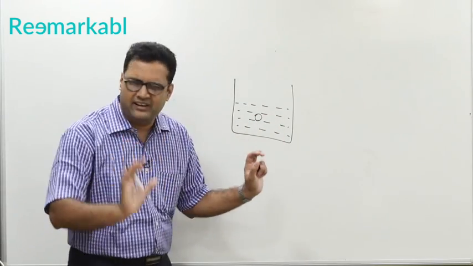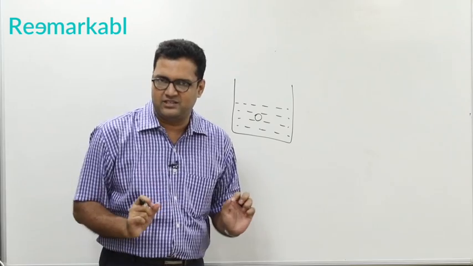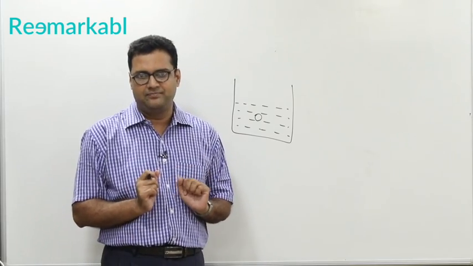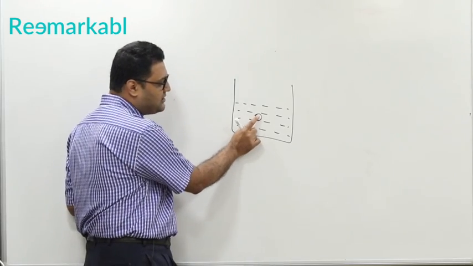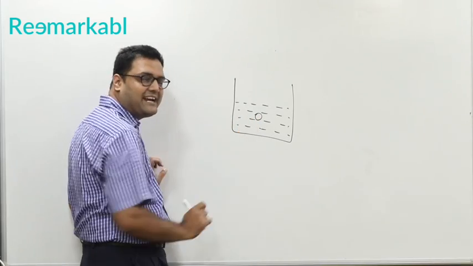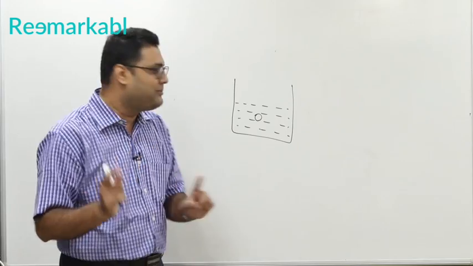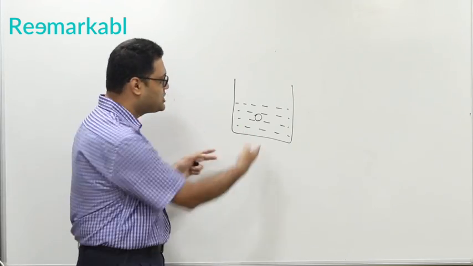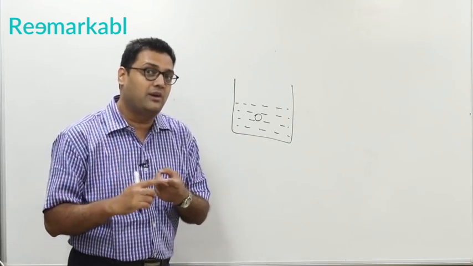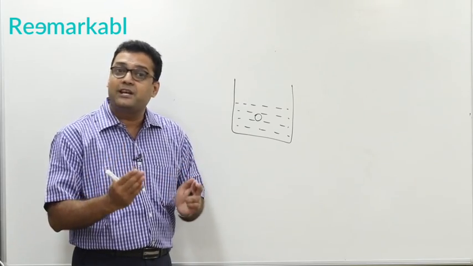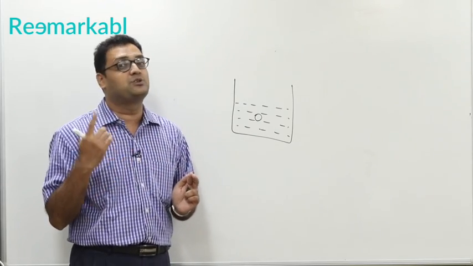This is just an arbitrary cell, which has a cell membrane. Remember children, I'm always saying compared. You might look at this and wonder there's so much water outside, but I'm talking in respect to concentration, not in respect to quantity.